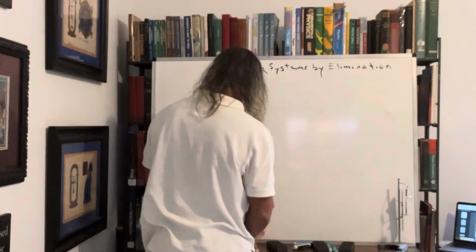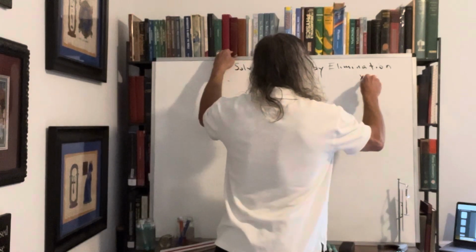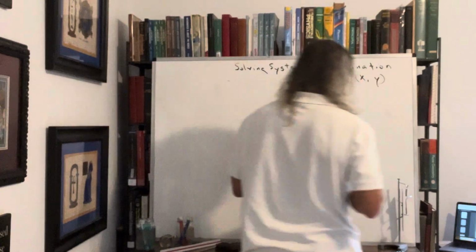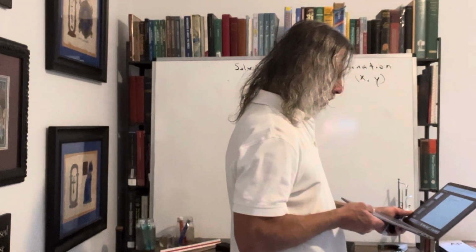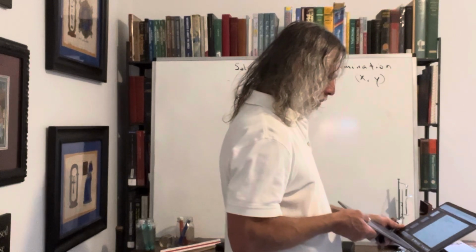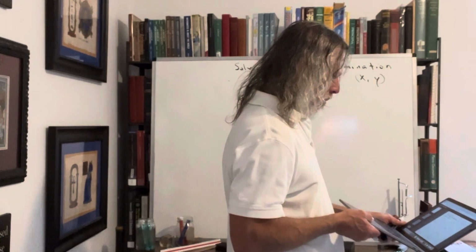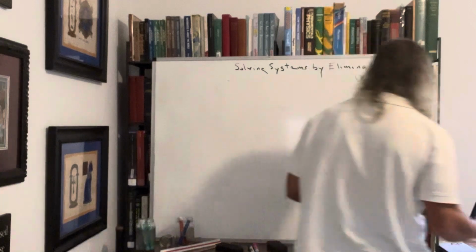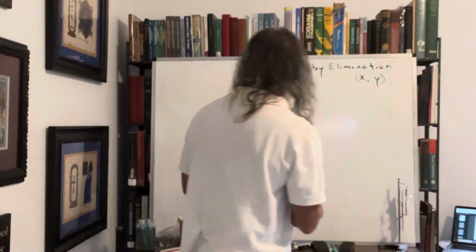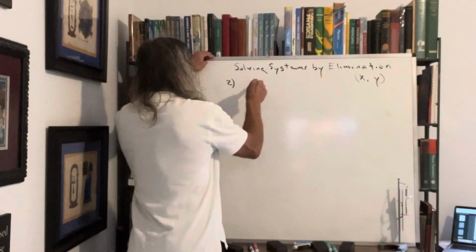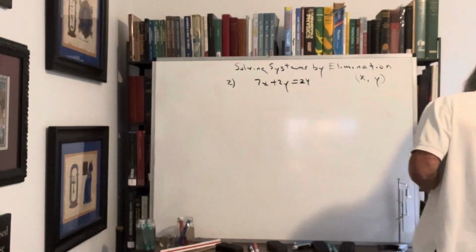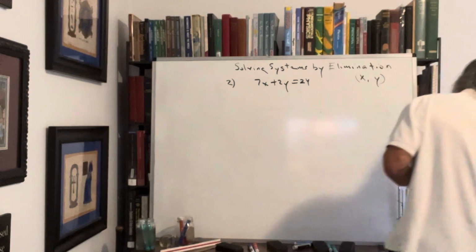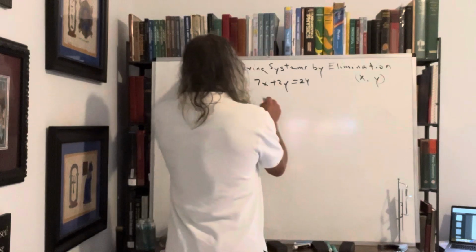Number 2. Seven x plus 2y is 24. Eight x plus 2y is 30.